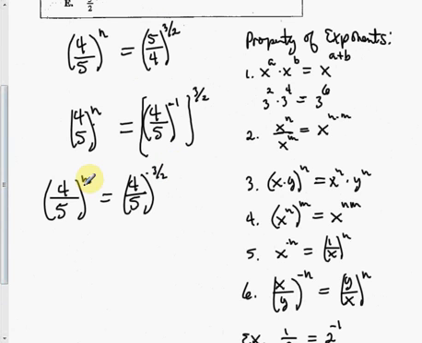They have the same base, so I can set the exponents equal. That is, n has to equal negative 3 over 2. If the bases are the same, I can equate the exponents. If the bases are the same, what's up top must be the same.